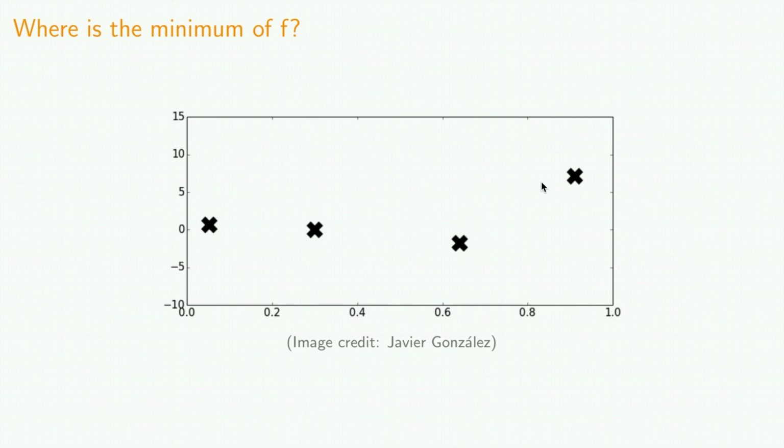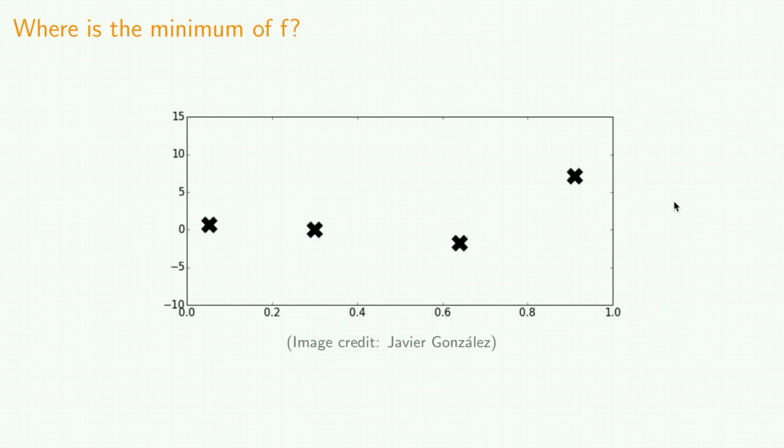So back to our problem of hyperparameter tuning. Why is a Gaussian process a suitable model for that? Let's assume we have here 4 evaluations. It's a one-dimensional problem here. And we would like to know where the minimum of f is.